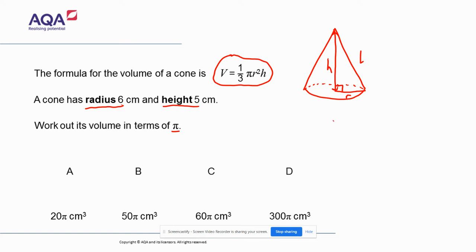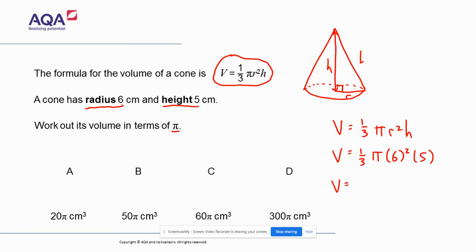So it's always good practice to rewrite the formula, and that means that the volume is 1/3 times pi times the radius squared. So the radius in this question is 6, so I'm going to put that in a bracket just to make sure that we're aware that it's the 6 that gets squared, and then you multiply that by the height, which is 5.